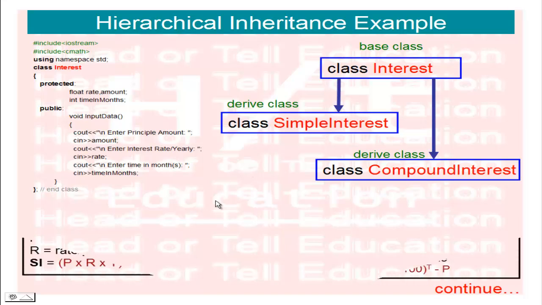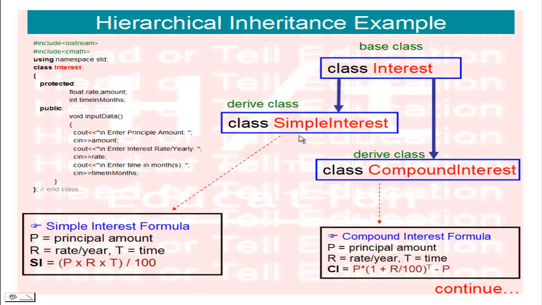Next, as you already know, here I have mentioned the simple interest formula. In this, the principal amount is P, the rate per year is R, and T is time. So simple interest equals P multiplied by R multiplied by T divided by 100.